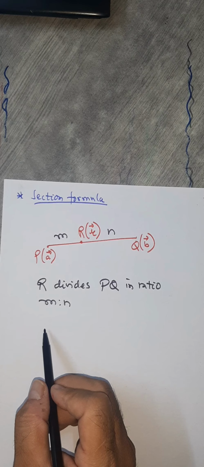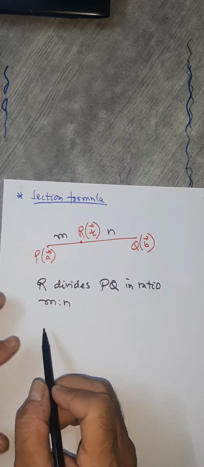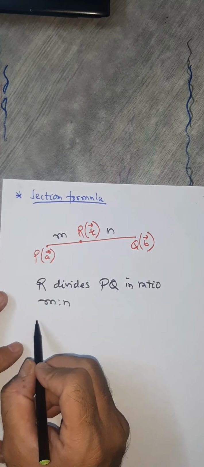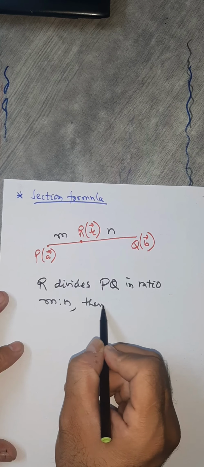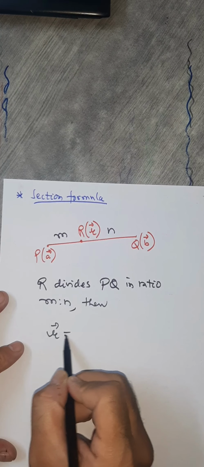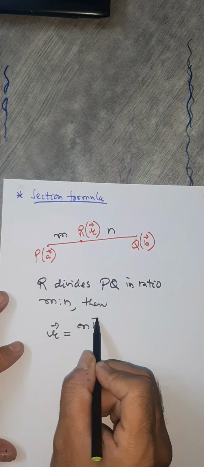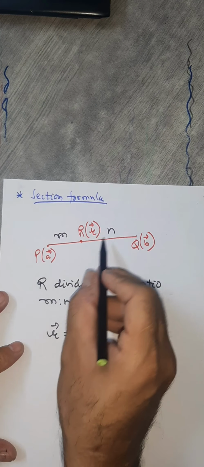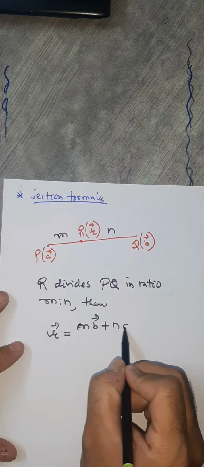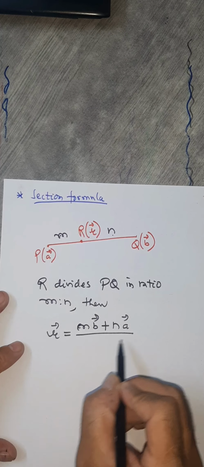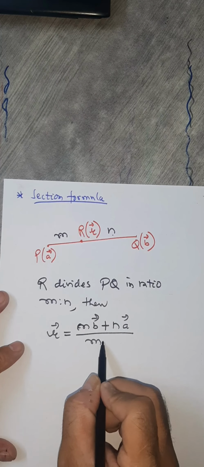Then the position vector of R is given by M vector B plus N vector A, upon M plus N. In general, this is the formula.